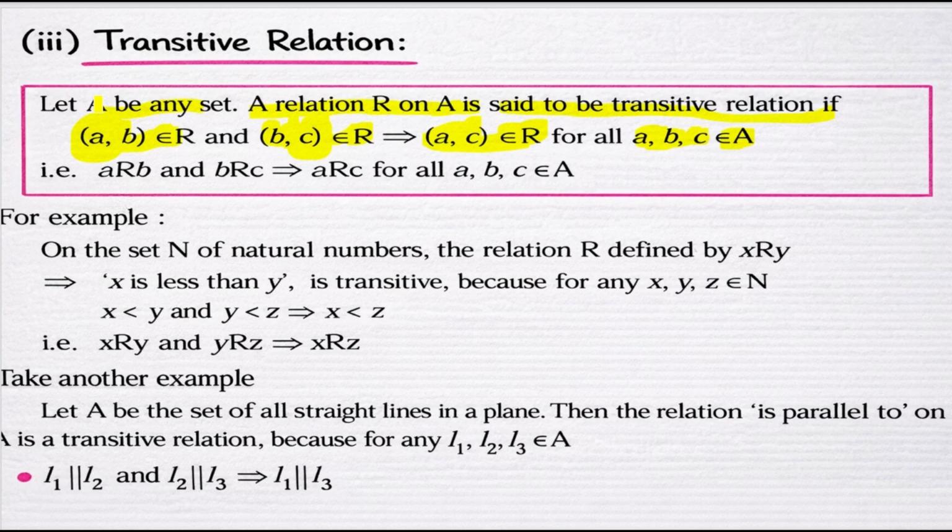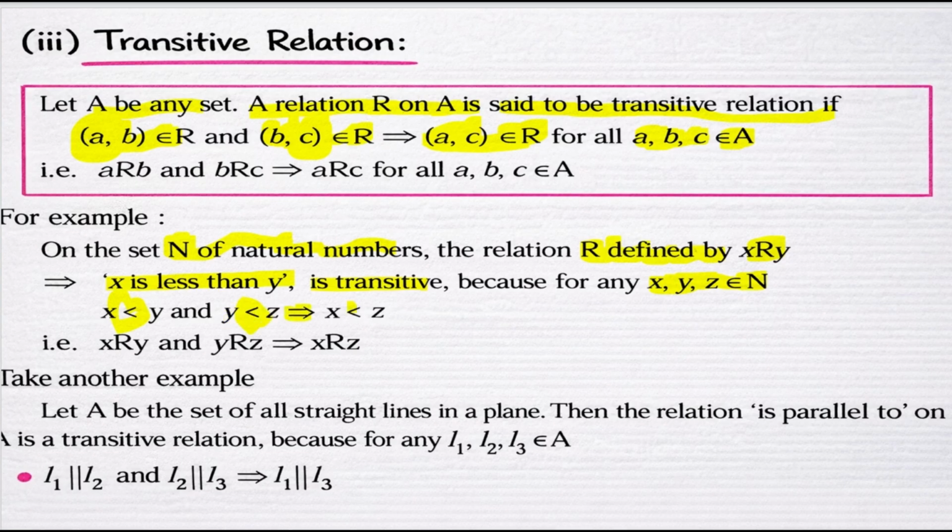Okay, now I will take one example here. On the set of natural numbers, the relation R defined by x related to y in such a way that x is less than y is transitive, because I will take 3 elements x, y, z in the natural numbers in such a way that x is less than y is less than z.